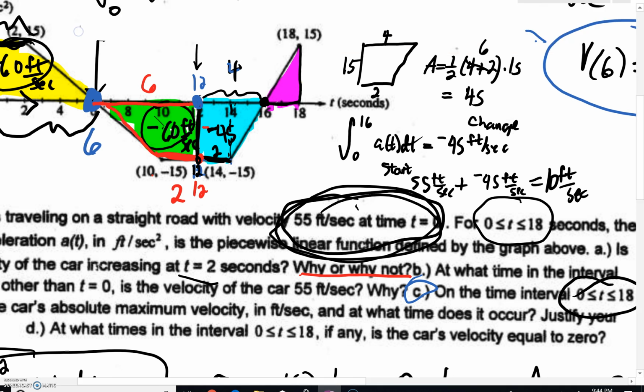We can see from 16 to 18 is 2. This goes up 15. 1/2 base times height. 1/2 of 2 times 15. Well, the 2's cancel out. You're left with a plus 15. Well, this hopefully can help you out in terms of knowing what's happening on that interval from 0 to 18.